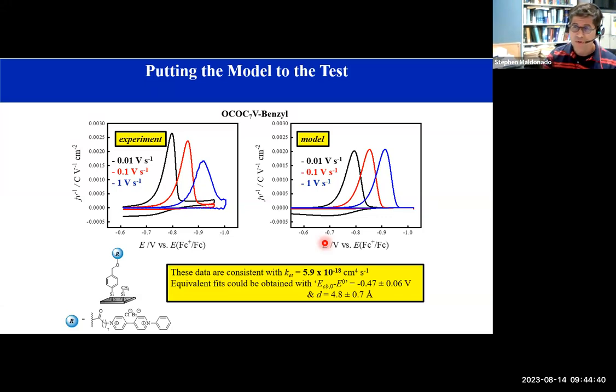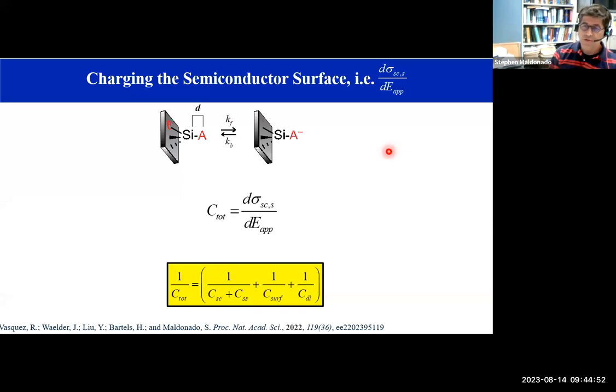But I'm telling you, we still aren't getting the whole thing right, because clearly we're not getting the peak currents exactly right. So qualitatively we capture the shape, but not quantitatively. So here is the last little bit of detail that I think is necessary, that we were missing and that we're trying to incorporate now, at least for these types of systems.